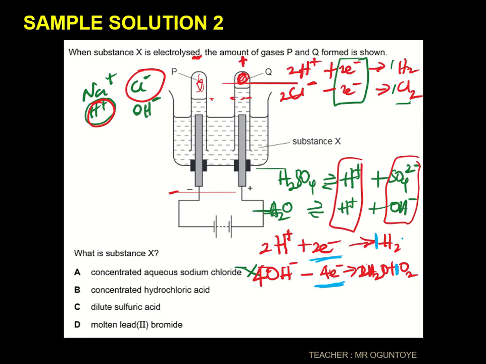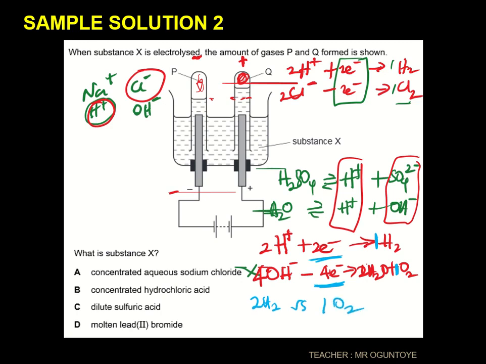So if we use equal quantities of electricity, the number of hydrogen molecules produced will be more than the number of oxygen molecules. If 4 moles of electrons are lost here and 4 moles are gained by hydrogen, then 2 moles of hydrogen versus 1 mole of oxygen will be produced.